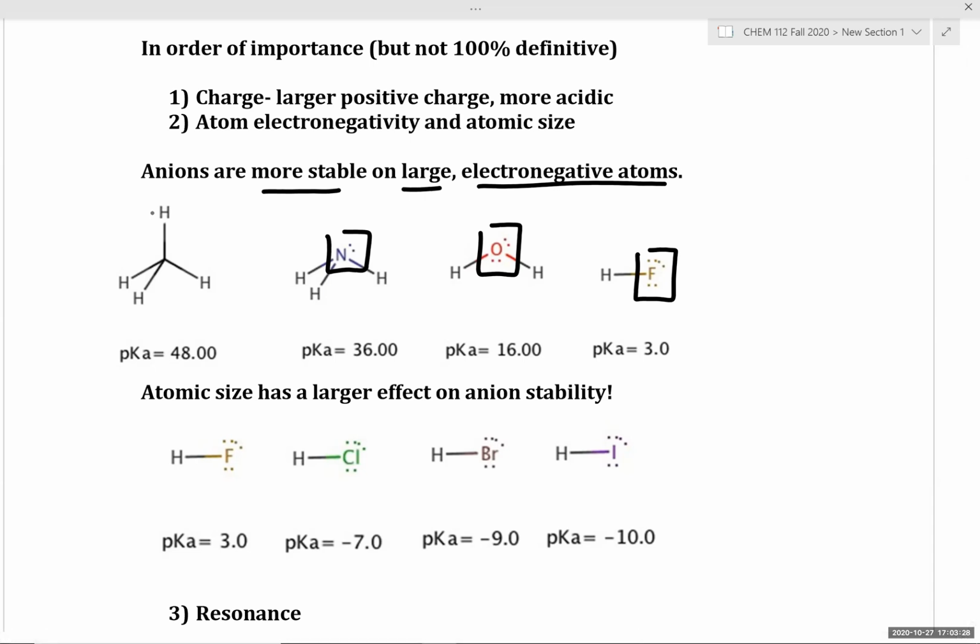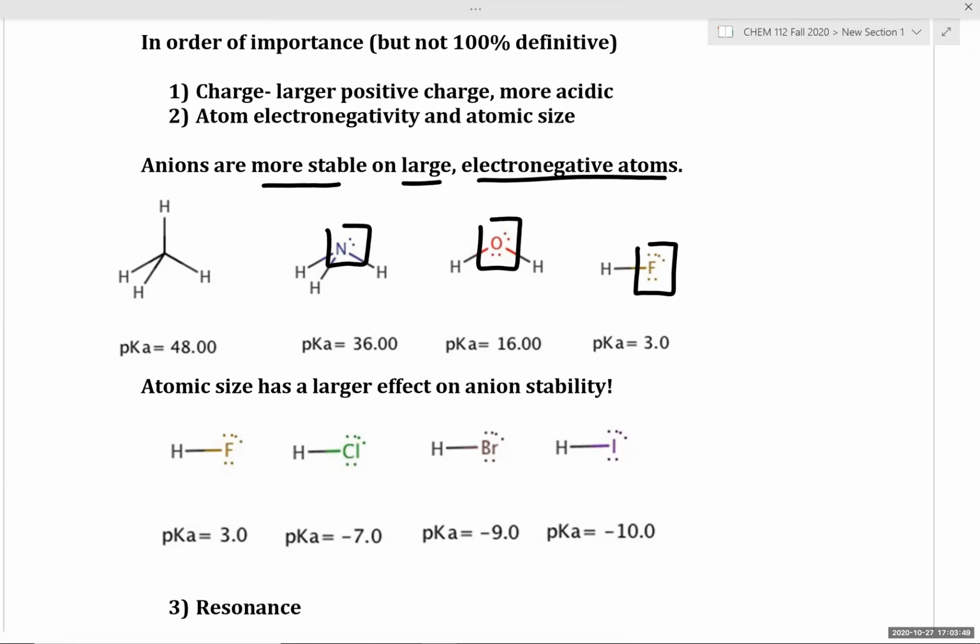And as a result, the parent acid is more acidic. Okay, so we can use pKa tables as a proxy, as a means of gauging the relative stability of the conjugate base. Because remember, strong acids generate a relatively stable and weak conjugate base.